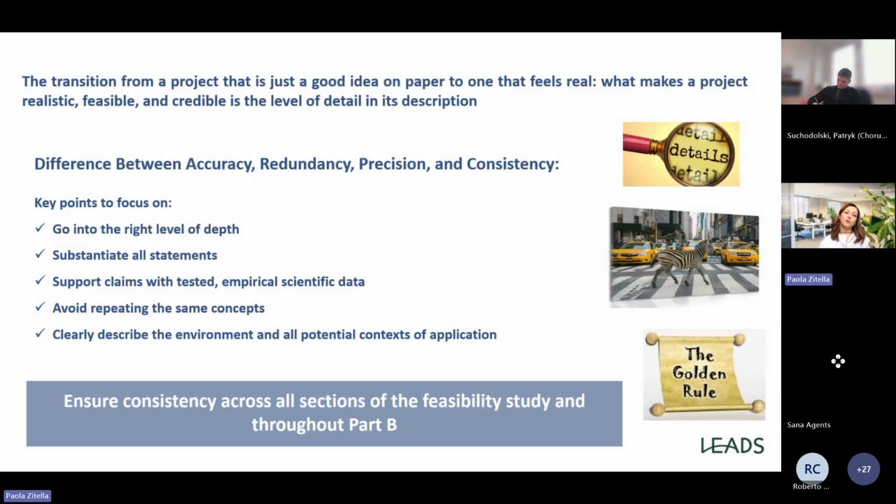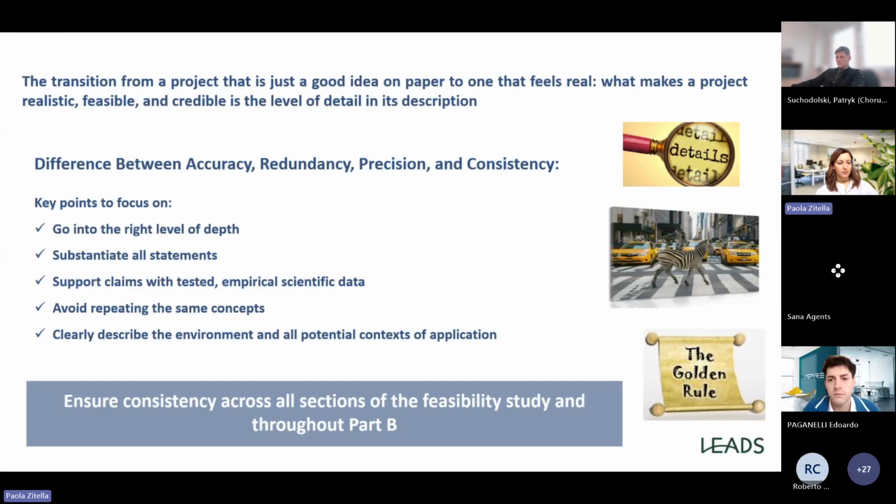You need to go into the right level of detail, substantiate all the statements, and support claims with tested empirical scientific data that you already got from previous experience. You need to avoid repeating the same concept, but really describe the environment and all the potential context of application. Because the golden rule is to ensure consistency across all the sections of a feasibility study, which will let you provide a winning feasibility study and support all of part B of your project.